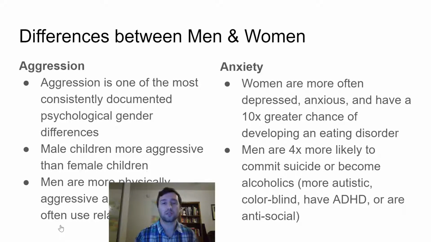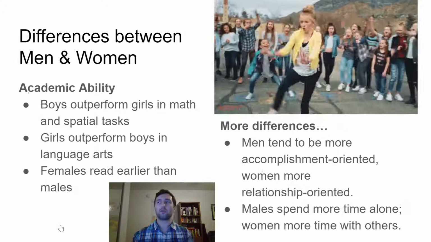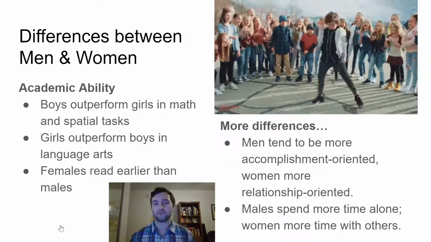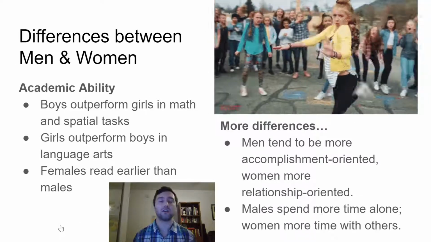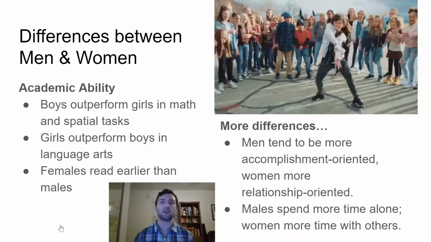Are there social reasons that are pushing us one way or the other? Or is it a combination of both? Are there biological factors that would maybe cause something like aggression or something like anxiety? And then on top of that, are there social factors that are also going to push one way or the other? So there's a whole bunch of gray space in these pieces.